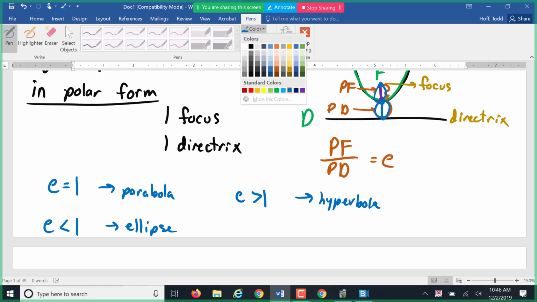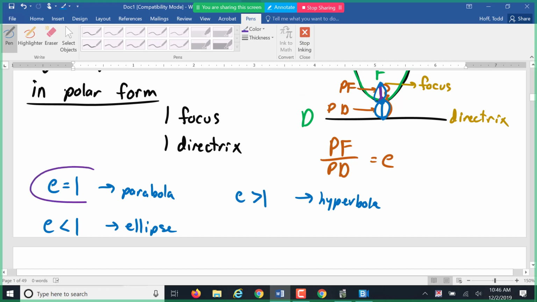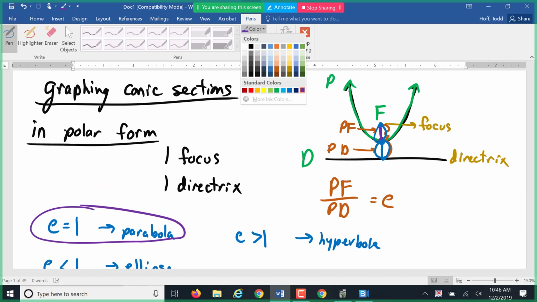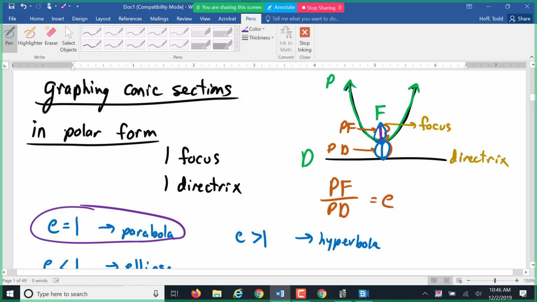Think about what this is saying. This is saying the eccentricity equals 1. That's saying the distance from the focus to the graph is the same as the distance from the directrix to the graph. So what does that mean? Well, this point right here, let's pick. The distance from the focus to that point is the same as the distance from the directrix to that point. Remember, from a line, we always measure the right angle.